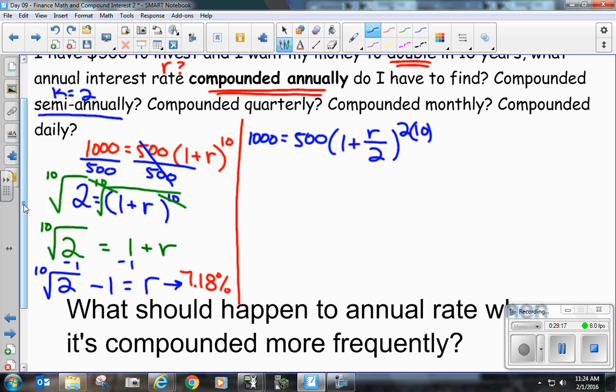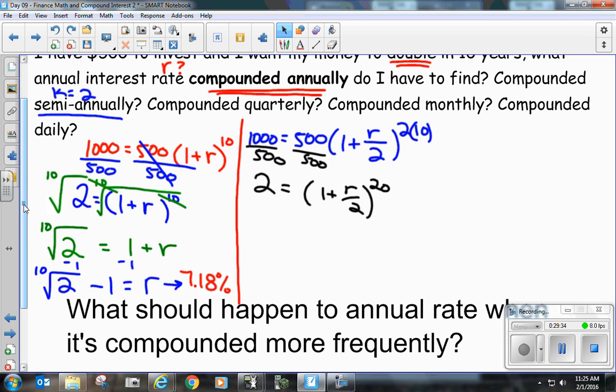Guess what? If I divide both sides by 500, I still get 2. 2 equals 1 plus r over 2. What is 2 times 10 to the exponent? It's 20. Now what do I do? I have to take the 20th root. Who cares if it says 7,000? Get a calculator to do it.